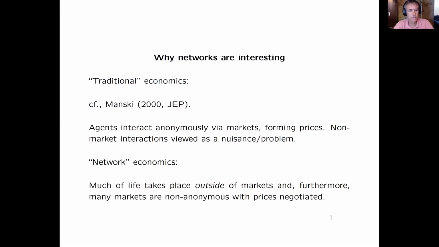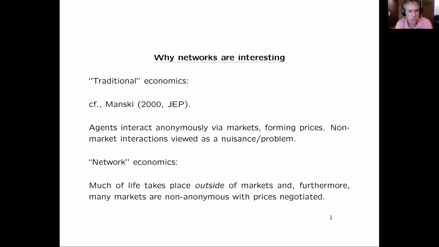This is largely a point that I came across in Manski's work a couple of decades ago. The traditional approach in economics has agents interacting via markets, right? And the way we deal with situations where there isn't a market is to create a market. So think about creating property rights for carbon emissions.